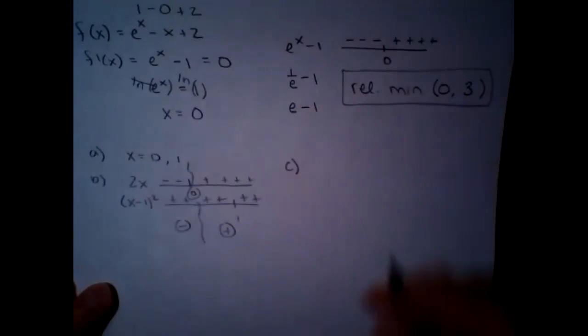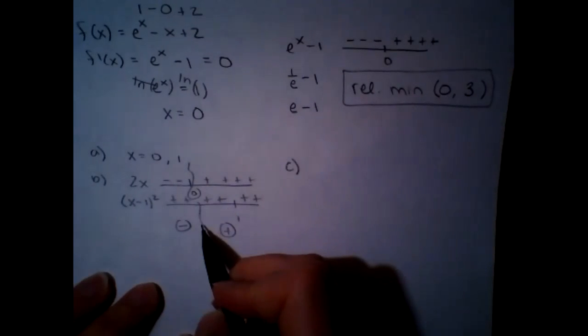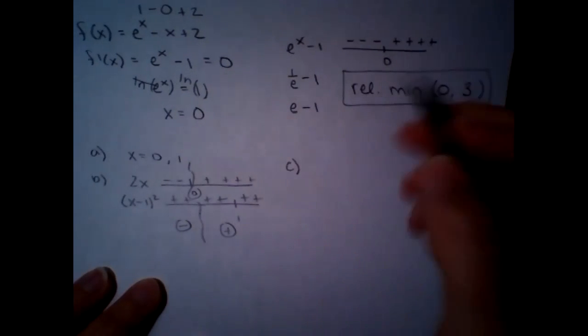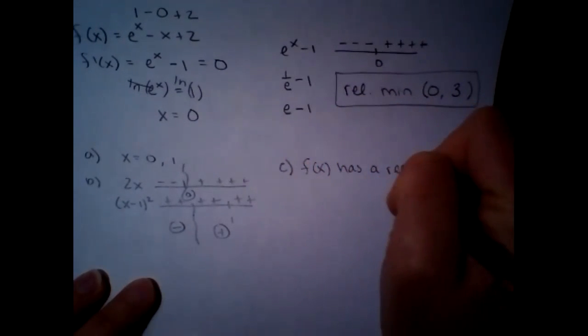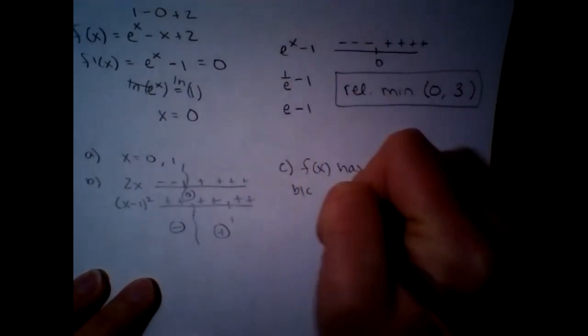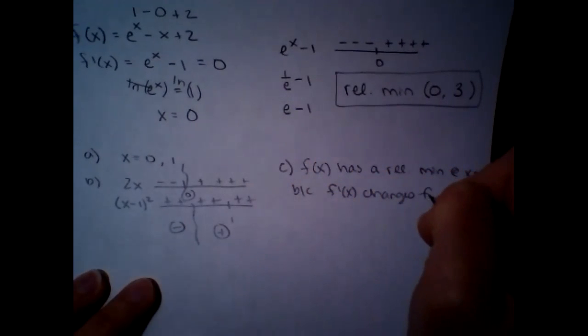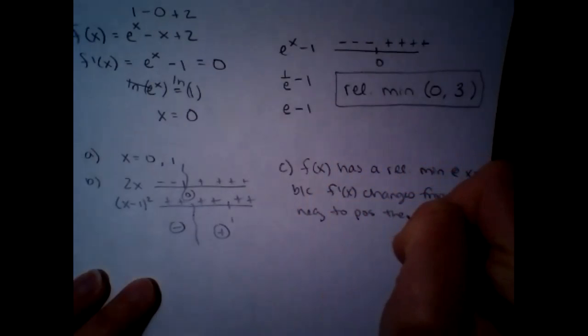So for part C, we're going to write a sentence for 0 and 1, relative maximum, minimum, or neither, and then a reason why. So at 0, we have a change negative to positive. That's the same thing that happened here, so that means relative minimum. So f of x has a relative minimum at x equals 0 because derivative changes from negative to positive there.